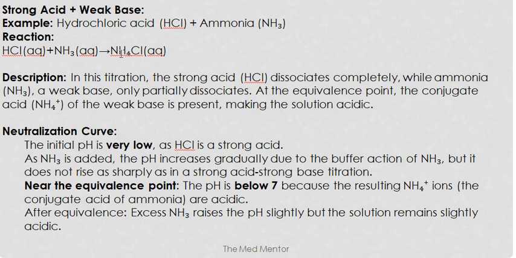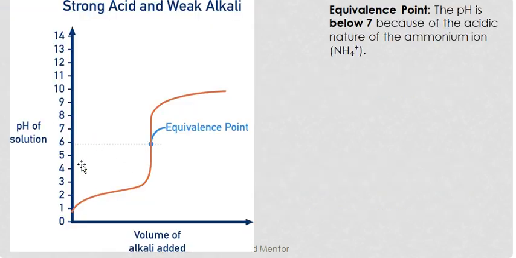The strong acid is completely dissociated in water and the weak base, ammonia, is only partially dissociated. The titration curve starts very low, right? Very low means a pH below 2 or 3, and with continuous addition of the weak base it again ends below 7.